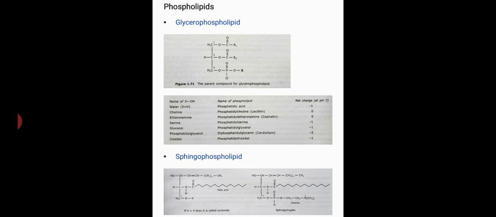Phospholipids are amphipathic molecules which contain fatty acids, a platform to which fatty acids are attached, a phosphate group, and an alcohol attached to the phosphate. Phospholipids are divided into two types based on the platform to which the fatty acids are attached.